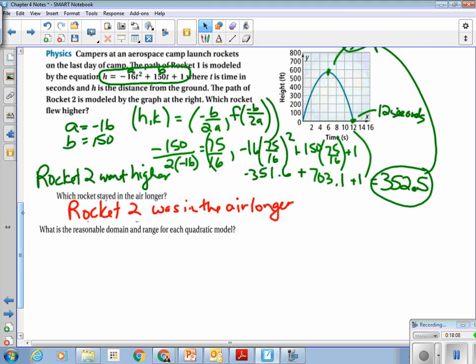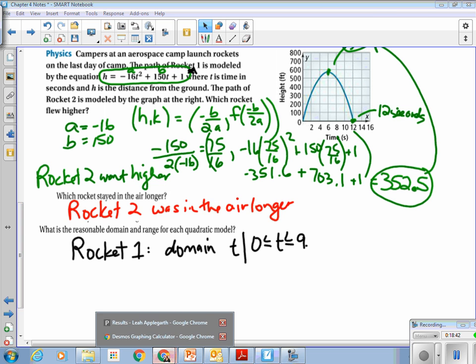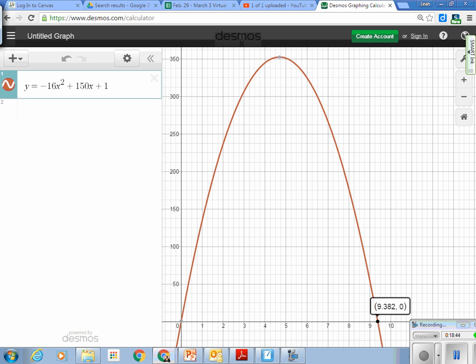So we are going to go rocket 1, his domain for, we're going to say T. So for rocket 1, which is our equation, his reasonable domain is all T values in between 0 and 9.382.